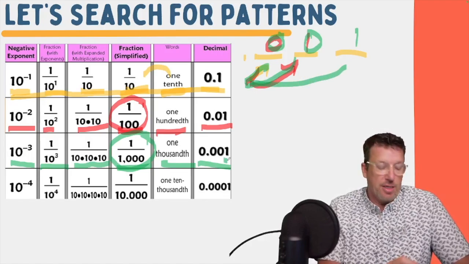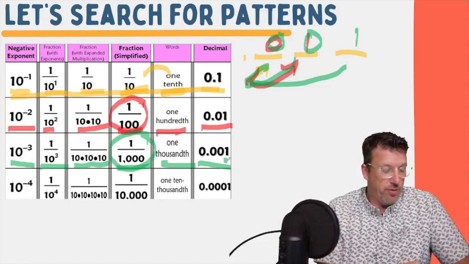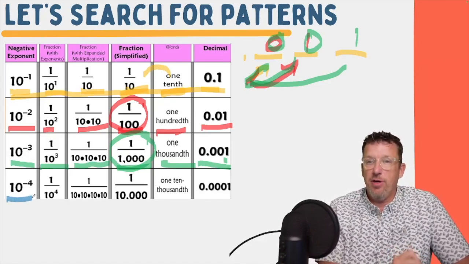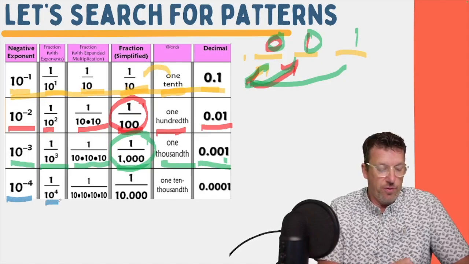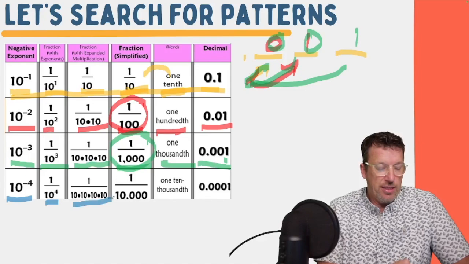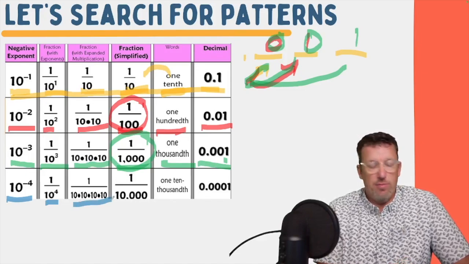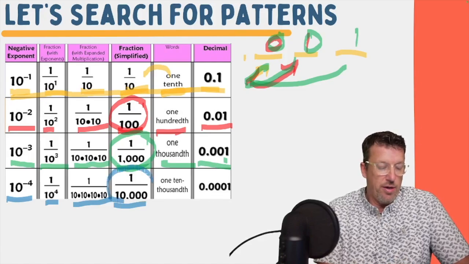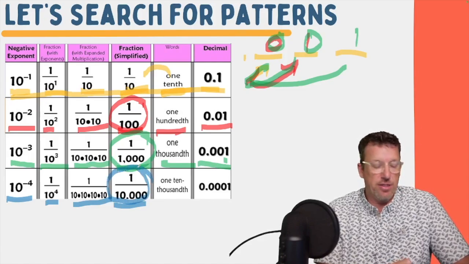Then finally, this pattern just keeps going and going, but let's look at the final row, where we had 10 to the negative 4. Flip it over, 1 over 10 to the 4th. That's the reciprocal. What does 10 to the 4th look like? 10 times 10 times 10 times 10. Multiply those together and you get 10,000. What does our fraction say? 1 over 10,000, or 1/10,000th.